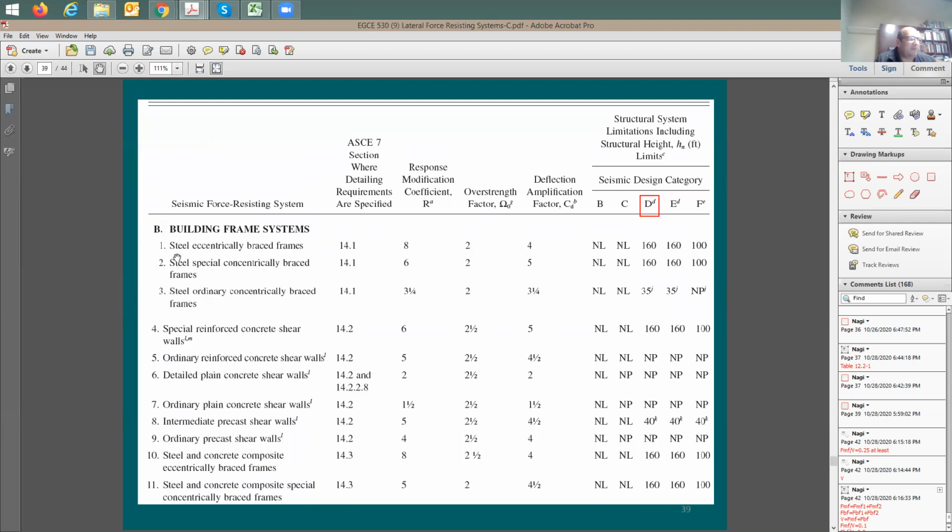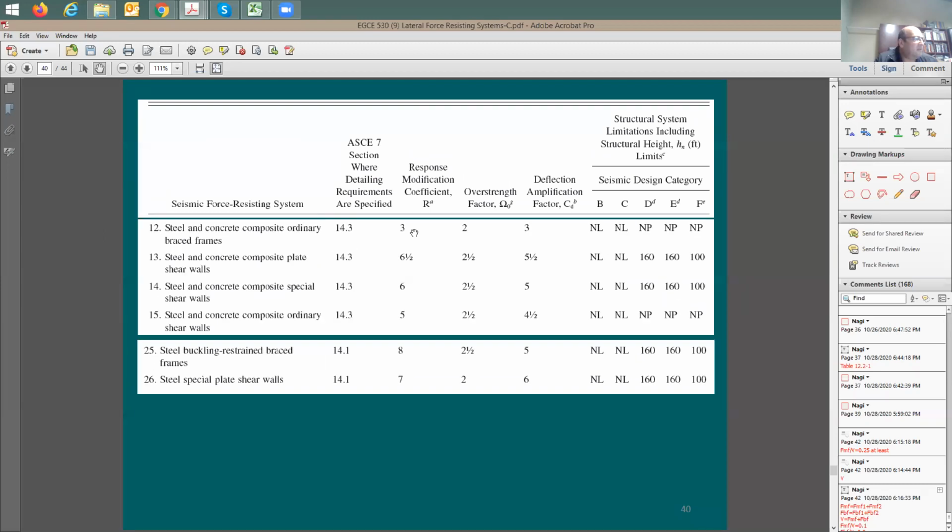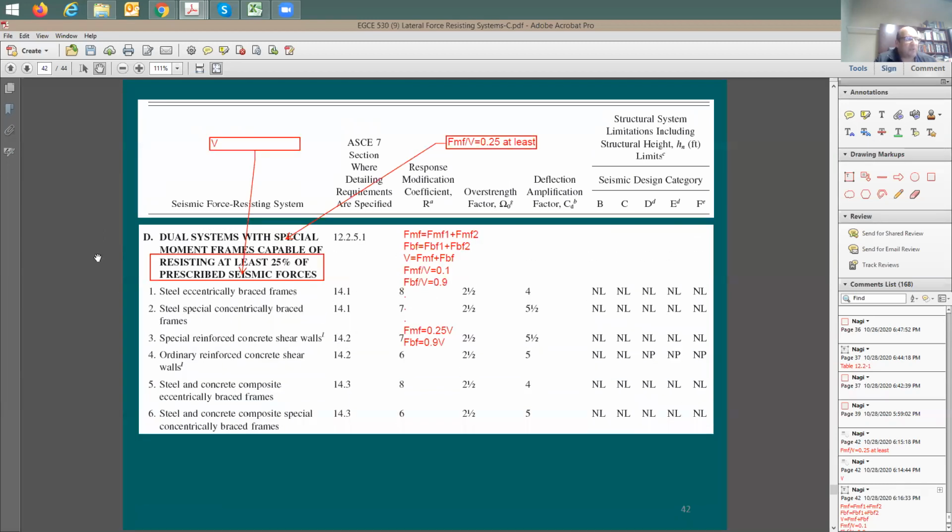I'm going to pick here B1, for example, steel eccentric braced frame. It says here 160. The other one, maybe a moment frame. The last one, maybe a moment frame. And of course your selection is going to be whatever applies, right? So maybe you have two or three options, maybe all of them, maybe none of them. It's good to be built at this location.